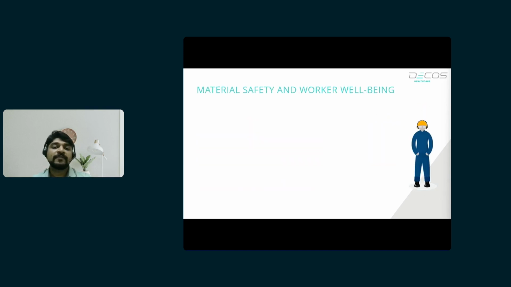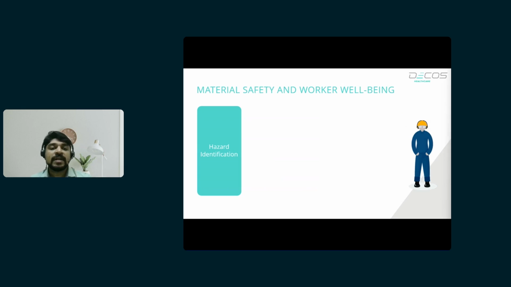Next is material safety and worker well-being. So there are two interconnected aspects of creating a safe and healthy work environment. This focuses on protecting workers from the potential hazards associated with materials they handle or are exposed to during their work.